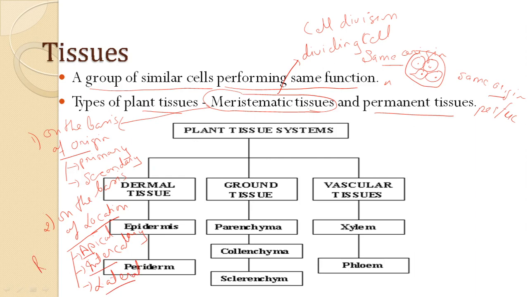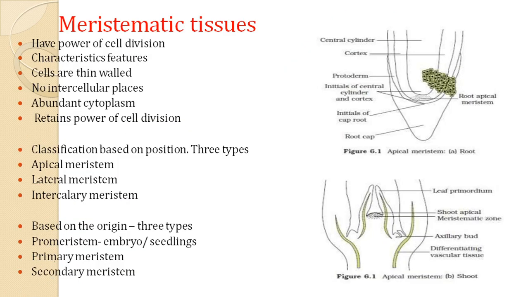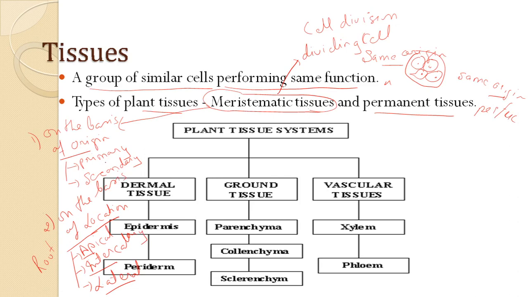In the shoot we find all three, while in the root mostly apical and lateral are found. Intercalary meristems are not found in the root system.